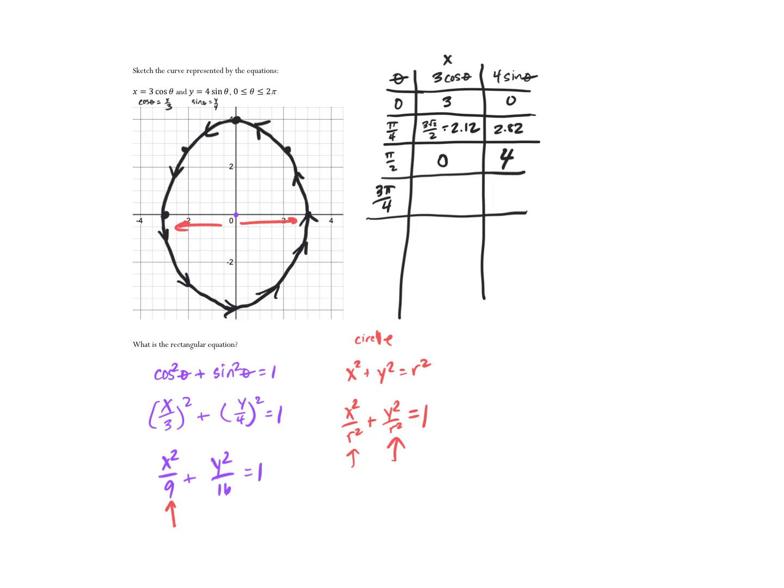The smaller that t-step, the more you can start to see the smoothness of the curve. I decided that pi over 4 was enough for you guys to see that it's kind of egg-shaped. Does that make sense? Are we good? All right.